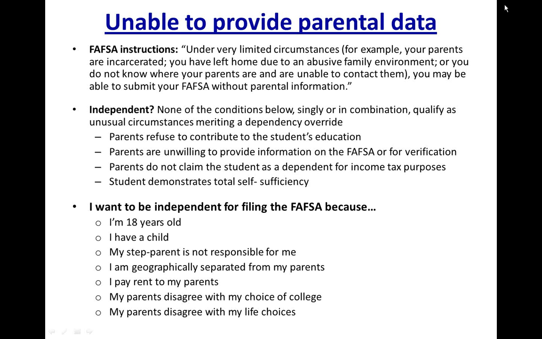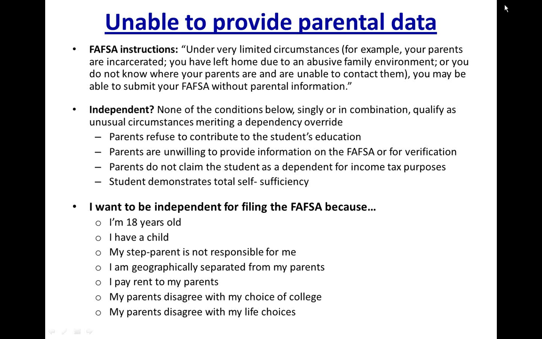Parents refuse to contribute to the student's education. Parents are unwilling to provide information on the FAFSA or for verification purposes. Parents do not claim the student as a dependent for income tax purposes. Student demonstrates total self-sufficiency.